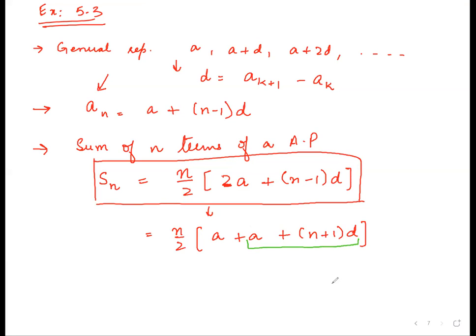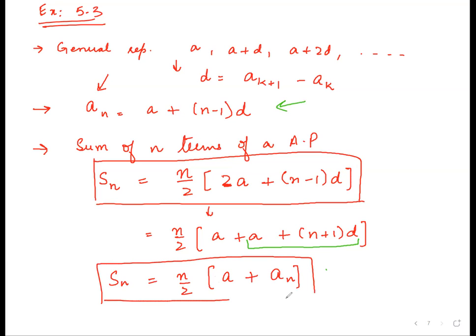How much is this equal to? A plus n minus 1 into d. Isn't this the same thing? So that means my Sn can also be written like this: n by 2 into a plus an. So this is just another form of the same formula.